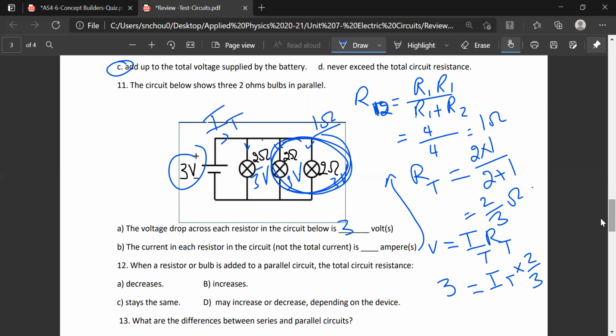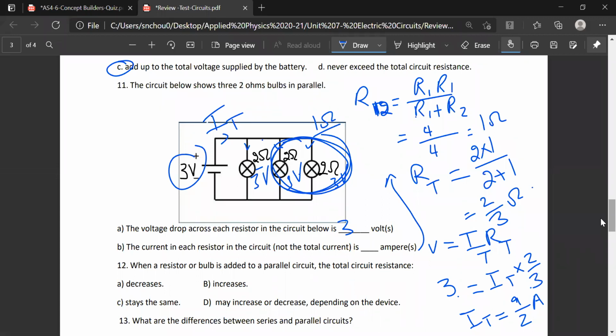You divide both sides by 2/3. You can work in decimals if that's comfortable for you, or you can cross multiply, and this 3 ends up there. So it's 9/2 amps. If on one side you have 2/3 and you divide both sides, the other side becomes 3/2. So 3 times 3/2.